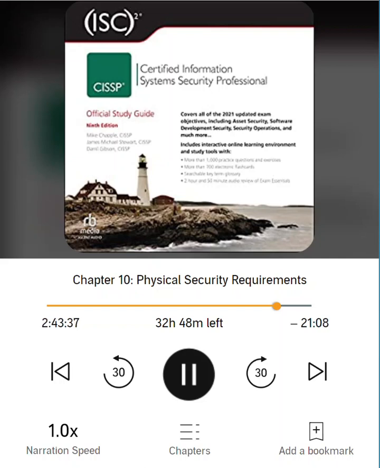A. It must be optimized for workers. B. It must include the use of non-water fire suppressants. C. The humidity must be kept between 20 and 80%. D. The temperature must be kept between 59 and 89.6 degrees Fahrenheit. Answer: A.